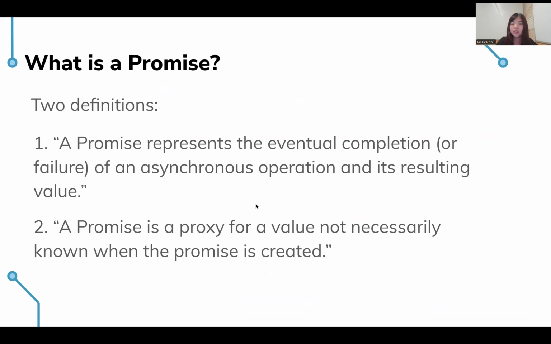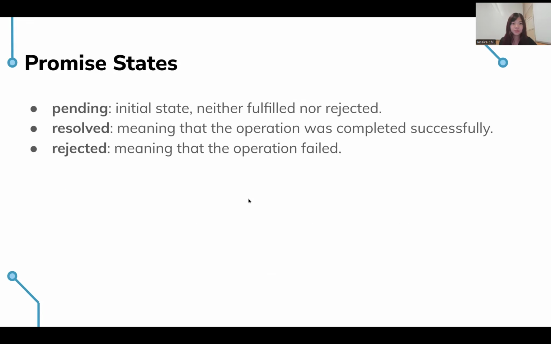Another definition is a promise is a proxy for a value not necessarily known when the promise is created. You can kind of think of it like a placeholder for what the actual value will be eventually. So when we call fetchRandomPokemon, it gives us a promise that it will eventually give us an actual value.